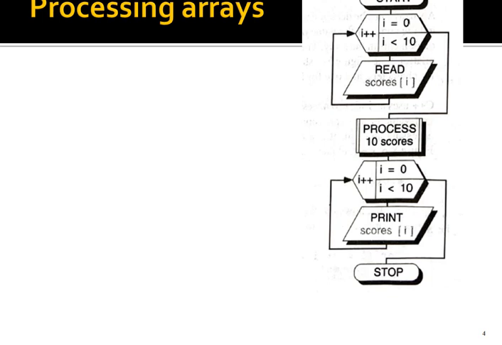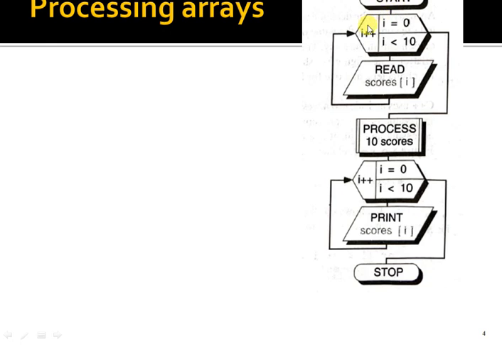Okay, now let's see how we can process the arrays and how we can write the code for this. After this slide, we'll see in the next video how we can work with arrays and code them. Let's see the logic first, and then we'll proceed with the coding. You start with a loop.